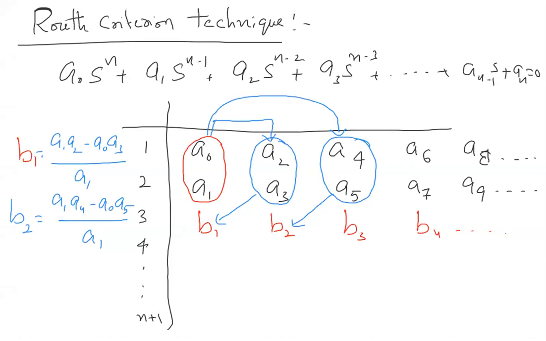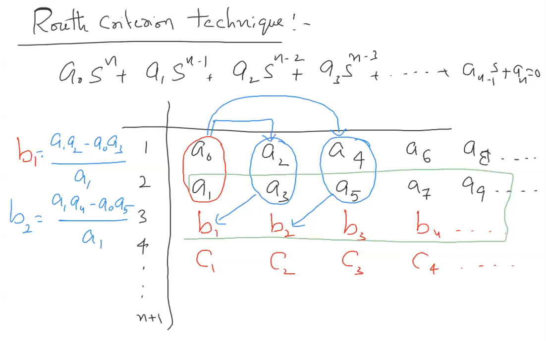Now let's write the next one. What is next is C1, C2, C3, C4 and so on. When you are writing C1, C2, C3, C4, now you have to take these two rows and get this C1. But the concept remains the same. Meaning that what is C1?